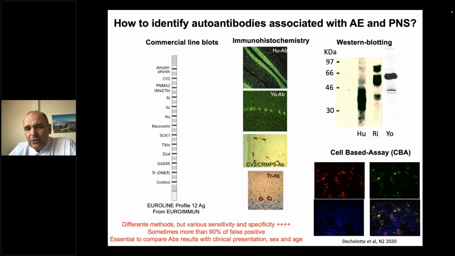And so it's very important to use different techniques, Western blot, immunohistochemistry, cell-based assay, to be sure of the positivity of the patient before concluding that it's an autoimmune disease. So this point is very important, and expert centers are very important to be sure of the relationship between the identification of an autoantibody and the disease.